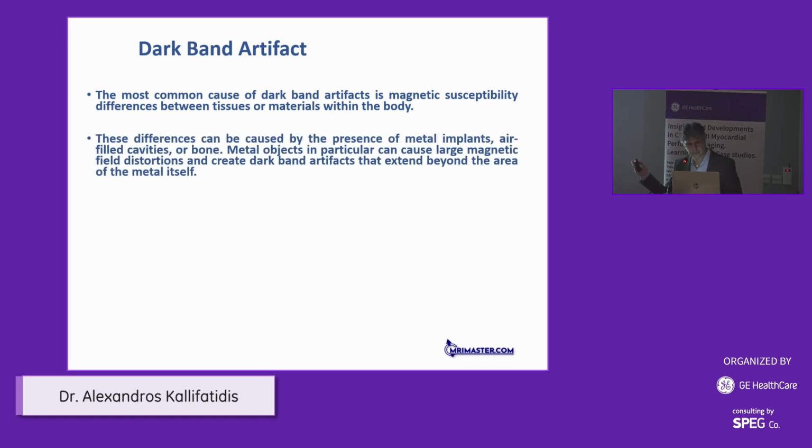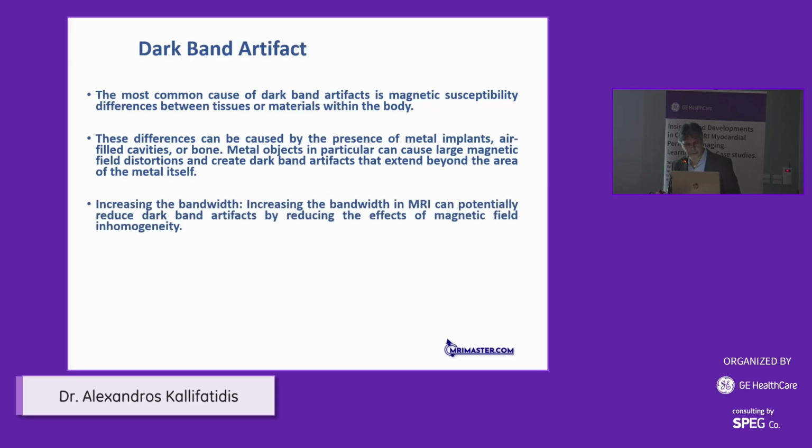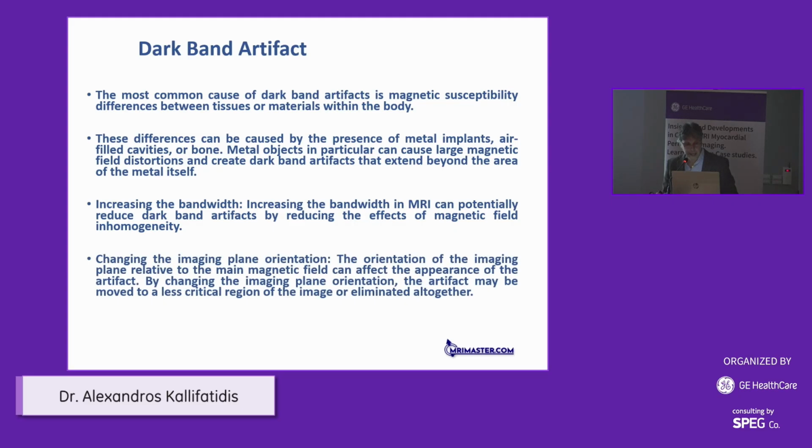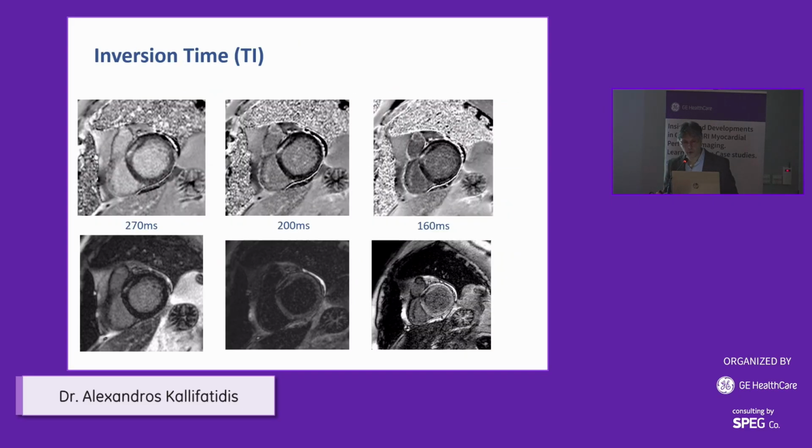This is a dark band artifact. We can find some useful information also in the literature, and the ways we can overcome this are to increase the bandwidth or change the imaging plane orientation.